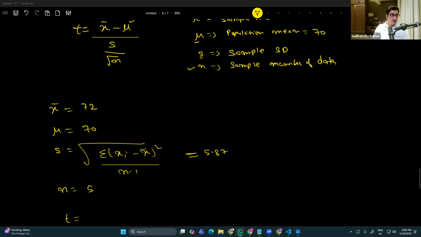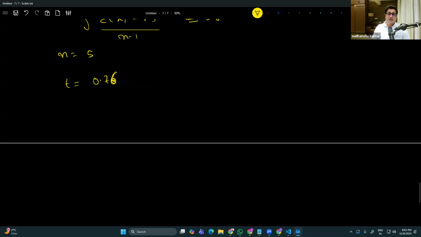Why are you not doing the calculation? You have the formula, you have all the values, and I believe you have a calculator in your mobile phone as well as in your system. Afifa is saying 0.763, Soeb is saying 0.761, Praveen is saying 0.76. As all of you are saying 0.76, I will consider 0.76. That's a fair one. So 0.76 is the t that we are able to get.